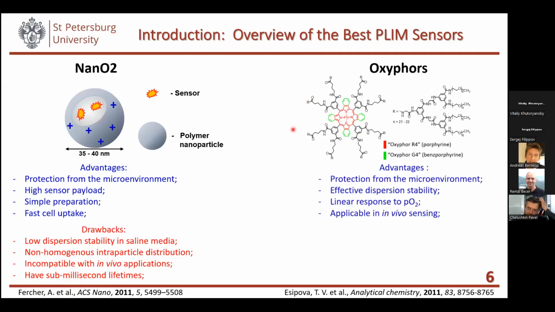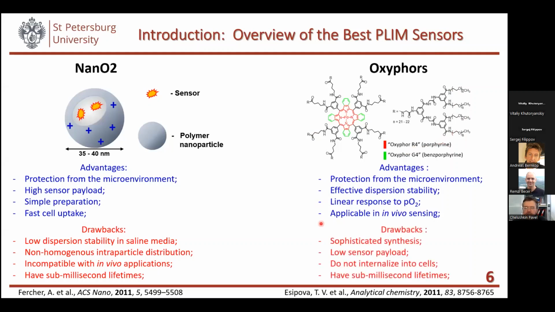These particles are actually more stable and better protect sensors from the environment due to the polyethylene glycol shell, and they provide a real linear response to oxygen concentrations. All the calibration curves on the previous slides were from the Oxyphor family. And they are applicable for in vivo sensing because they have a PEGylated shell, but unfortunately their usage is limited to in vivo sensing because they do not internalize into cells.